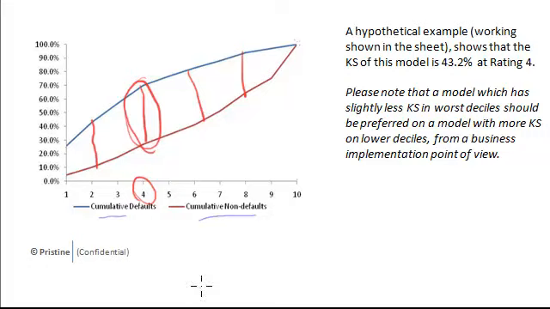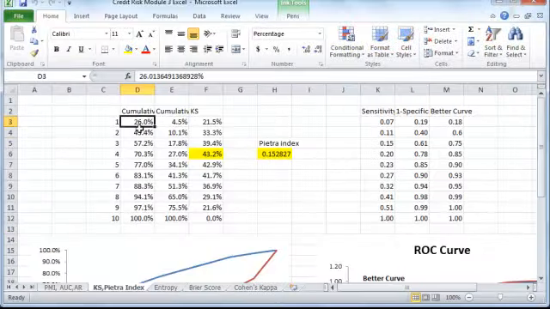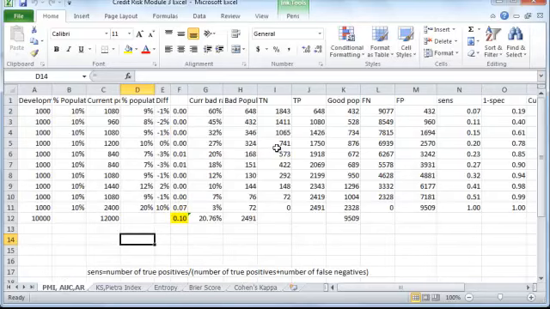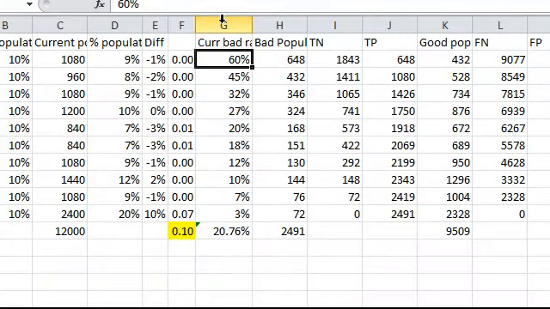From an Excel point of view, we can see this in Excel. Now I have cumulative defaults as 26%, which I have used in this sheet. Say the current bad rate that I have is 60%.